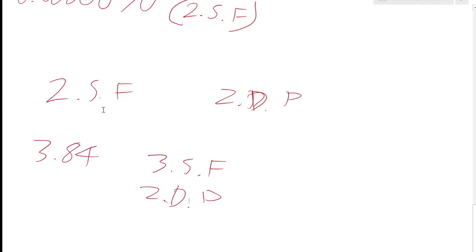So just to make that abundantly clear, the whole thing is 3 sig figs, but because there are 2 digits after the decimal point, it's to 2 decimal places.